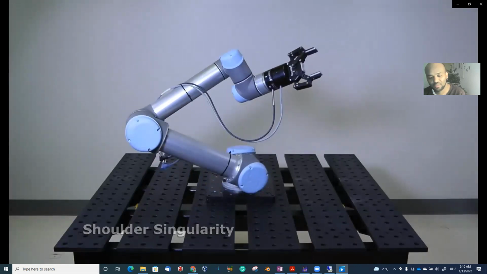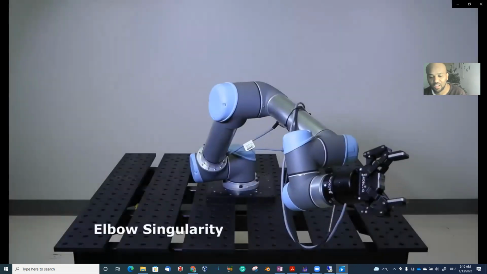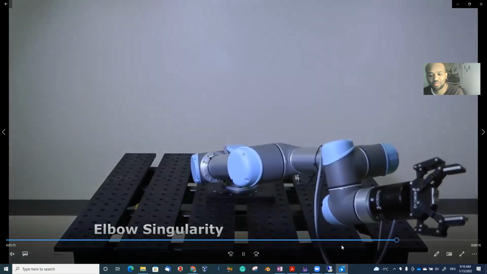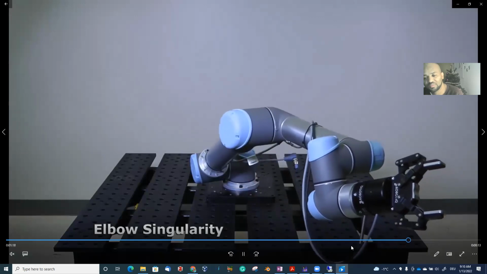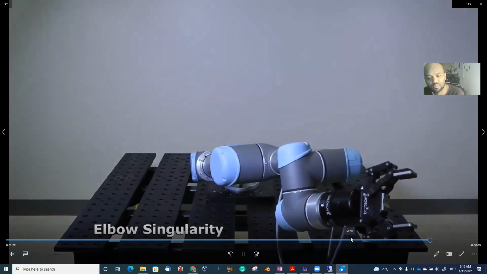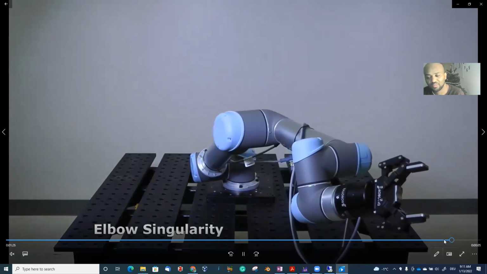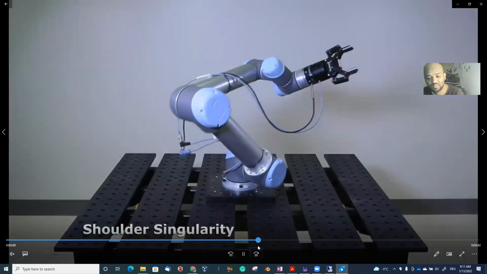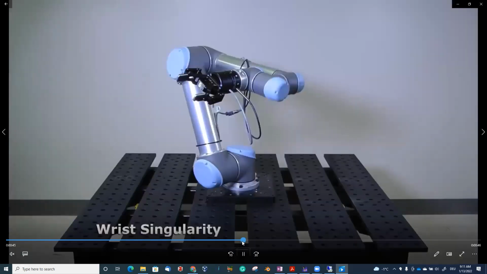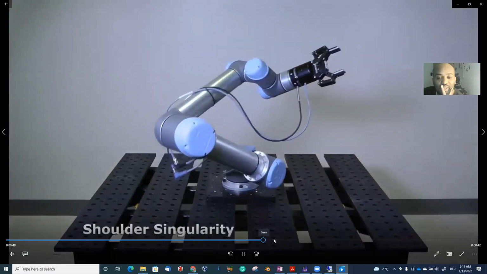Look, it is making undesired motion. Yeah, this is also singularity. You see what happens to the robot? It is shaking, like the robot doesn't know what it is doing.